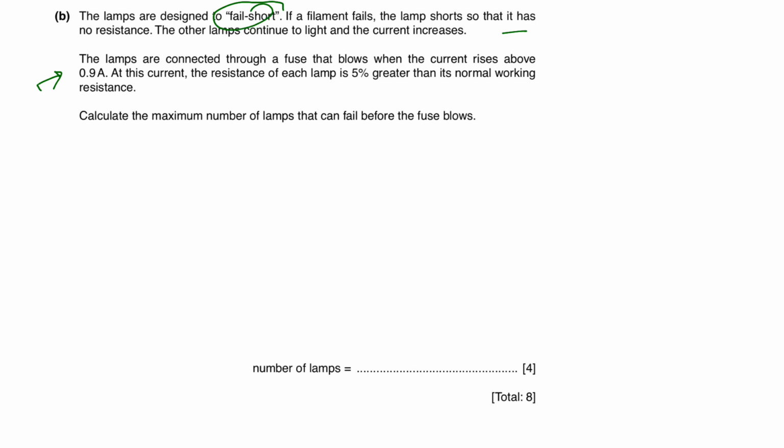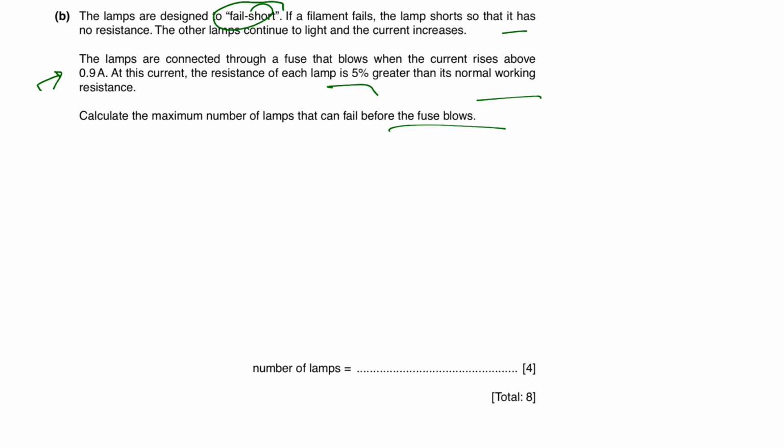So when 0.9 ampere of current flows, that much heat will melt the alloy at that temperature, and the current flow of the whole system will stop. At this current, the resistance of each lamp is 5% greater than the normal working resistance. Calculate the maximum number of lamps that can fail before the fuse blows.